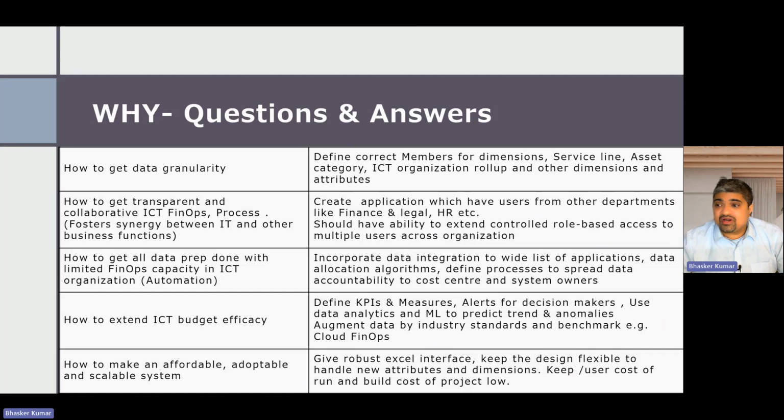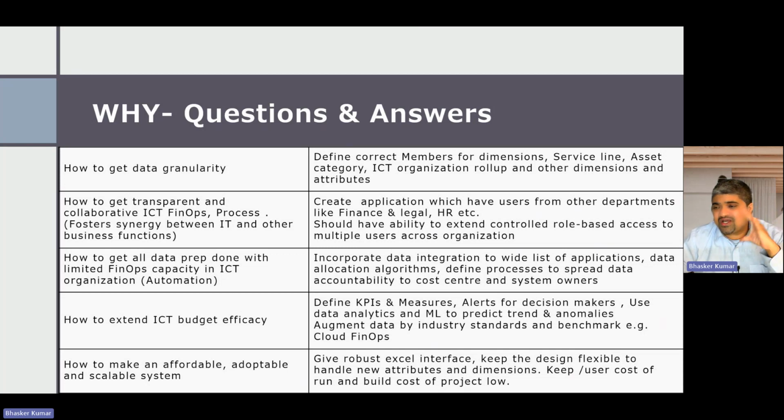And there, the more granular a view you have of the business service you provide and how the cost is flowing, the more you have the ability to focus or divert that flow to where you feel it will add the most value. And how to make an affordable, adoptable, and scalable system.